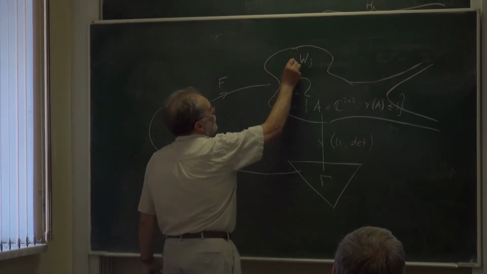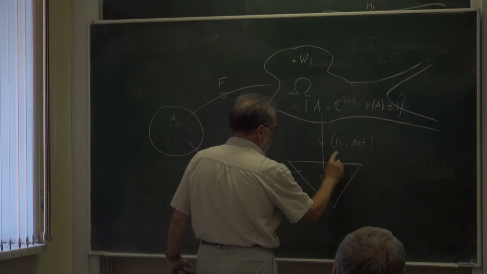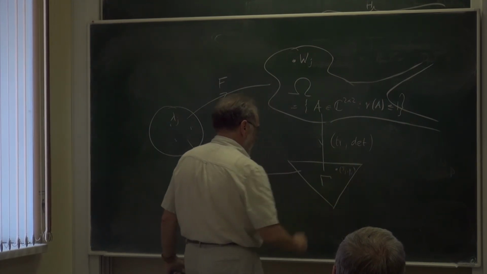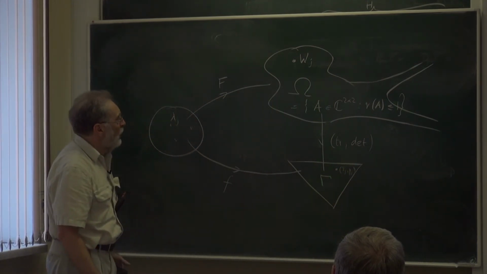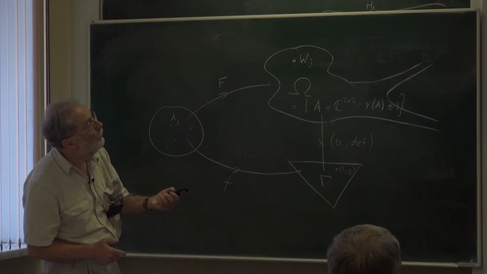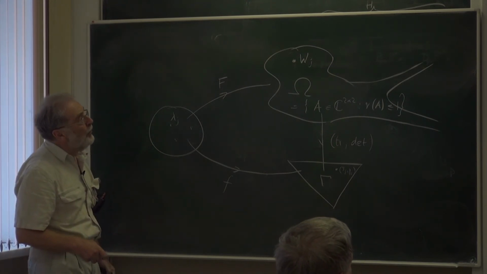So you've got this WJ here, and under this map it will map to a point Sj, Pj down here. And so you have the analogous problem for gamma rather than omega.